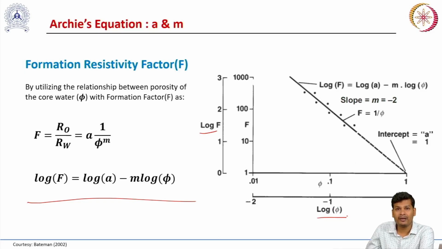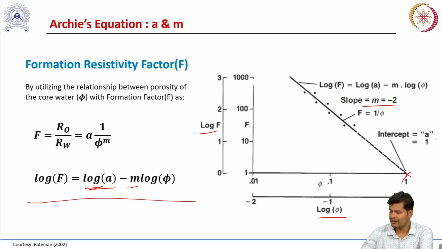So a plot between the formation resistivity factor, log F, and the log of porosity, log phi, will give you a straight line with an intercept and slope of M. So from here directly the value of A could be read from the graph, and from the slope we can determine the value of M.